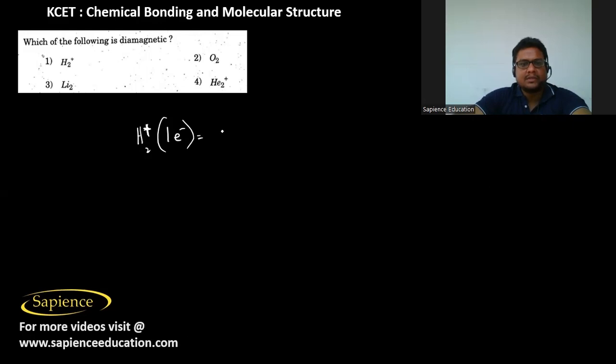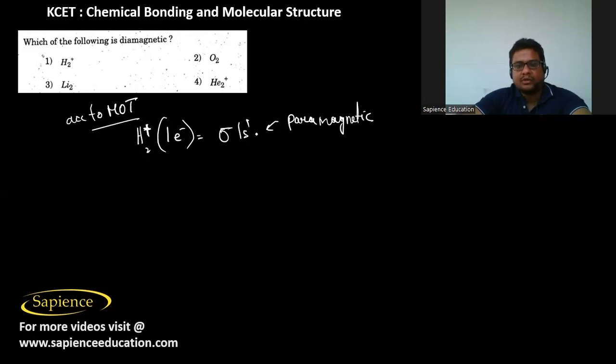So its molecular electronic configuration according to the molecular orbital theory is sigma 1s1. So it is paramagnetic since it has got one half filled molecular orbital. If all molecular orbitals are fully filled and there are no half filled molecular orbitals, then only the molecule will be diamagnetic.